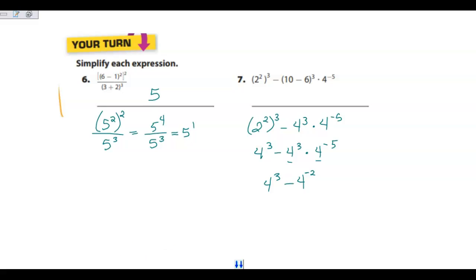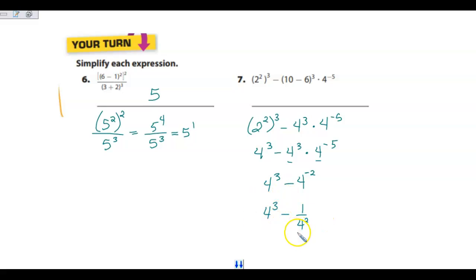When I'm looking at this, I see that I have 4 to the third power minus 4 to the negative second power. And this is telling me that I need to reciprocal my base to make this a positive exponent. So then I'm going to have 4 to the third power minus 1/4, and negative 2 becomes positive 2.